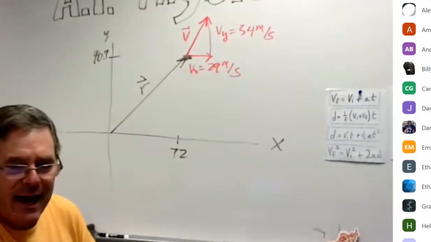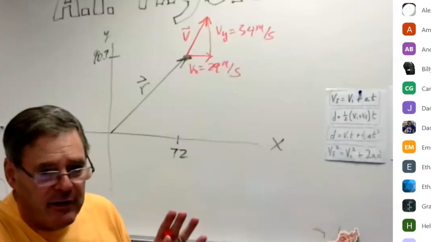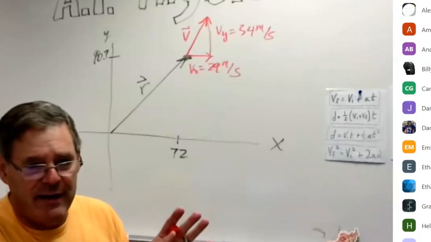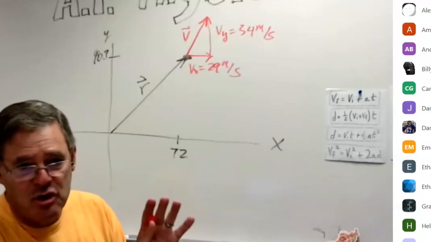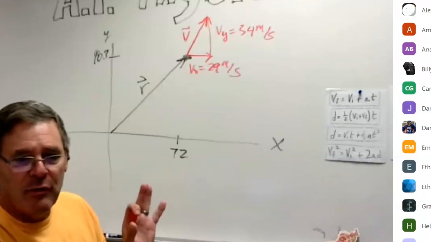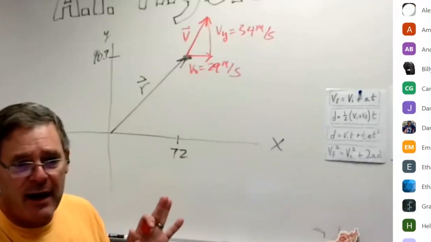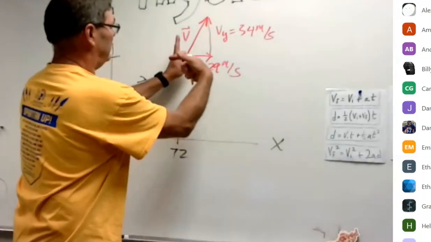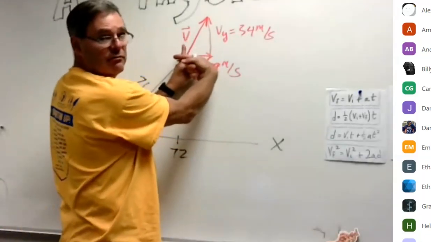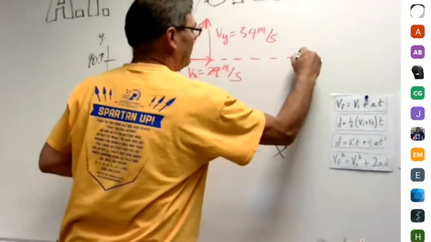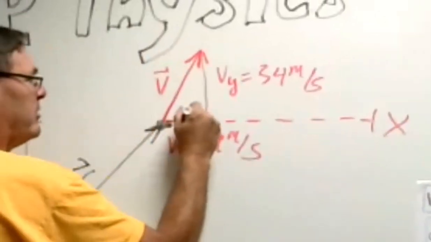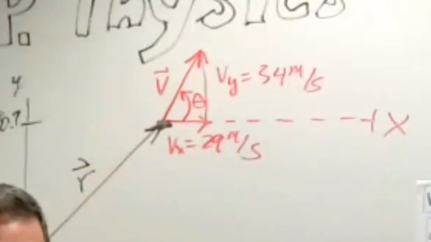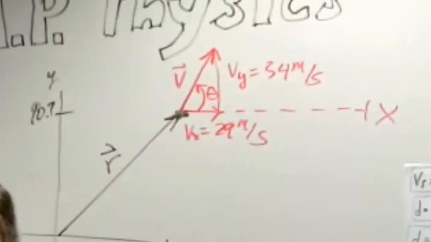Okay, so you can see that the velocity vector does not point in the same direction as the position vector. It might, but usually it doesn't. All right? And so they're asking us for the direction of the velocity with respect to the positive x-axis. So here's where I imagine a coordinate system is superimposed right here, and this is my positive x-axis. So in other words, that's the angle right there that I'm looking for.